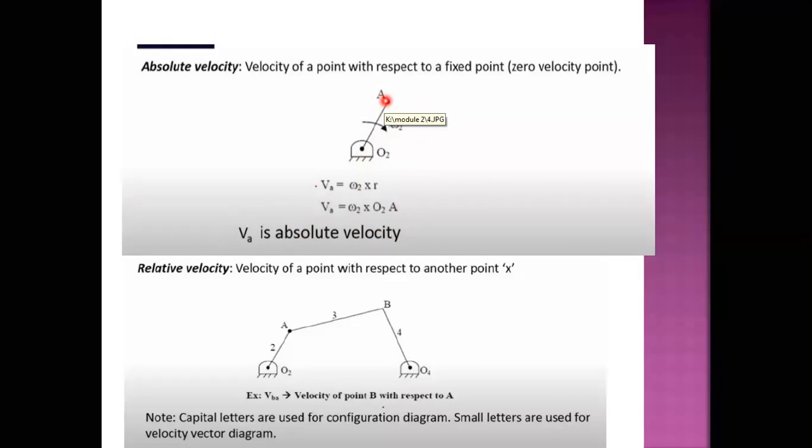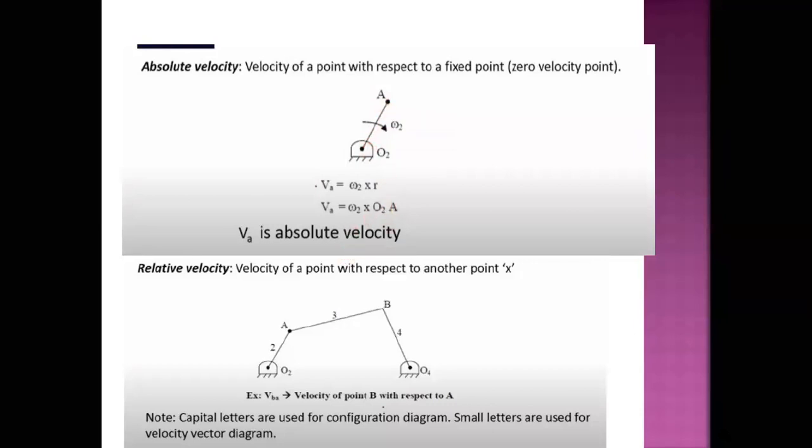At the fixed point O2 there is no velocity, always zero, because it is not going to move. Therefore, to find this VA, it is omega 2 into the radius with respect to the fixed point, that is O2A.